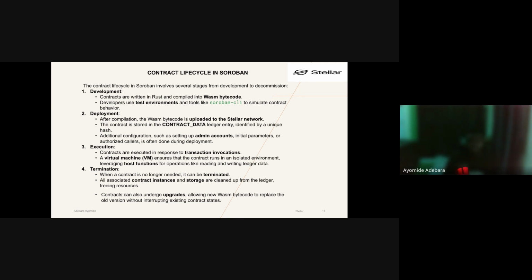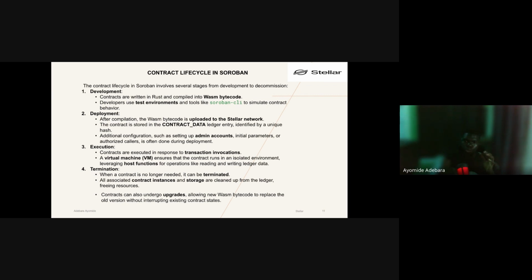Another thing is that a contract can also undergo upgrades, allowing new WASM bytecode to replace the older version without interrupting the existing contract state. This is a very beautiful concept. For those familiar with the Ethereum blockchain, or Ethereum Virtual Machine compatible blockchains in general, and Solidity, you will understand that to upgrade a smart contract, you have to use certain EIPs.